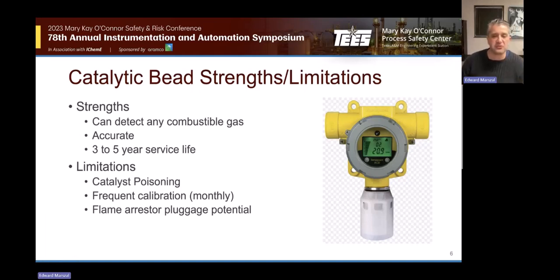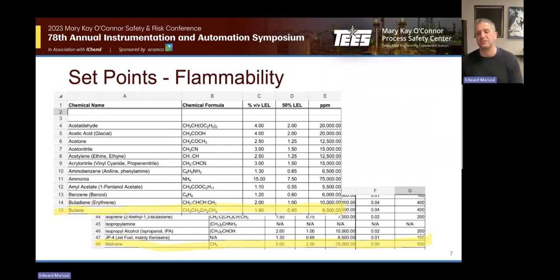I'm not here to teach you about different equipment vendors' options, but the small holes through which the gas needs to travel to get to the sensor cell can get plugged, whether it's a flame arrestor or any kind of filter that is there to protect the cell, and that can prevent the device from working. So those are some strengths and some limitations.